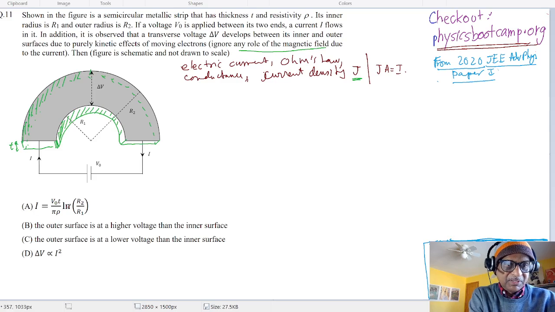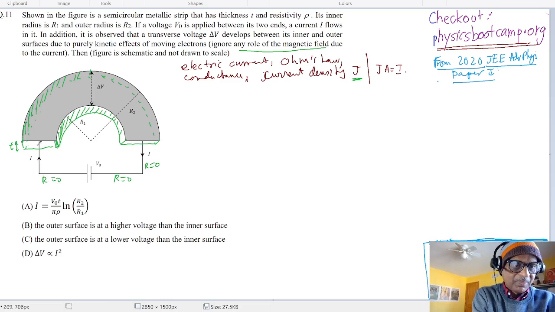How do you figure out that this current I that flows through this is equal to that? Over here the resistance is 0, and this line is 0, so all the resistance must be coming from here. To show this, we can do I over V0, where V0 is the voltage.